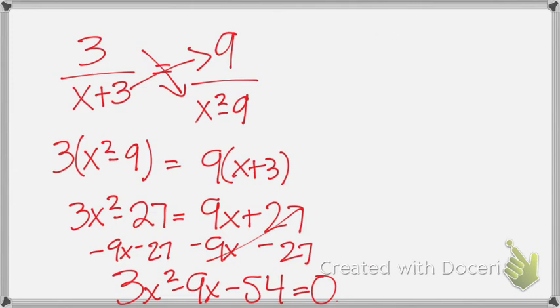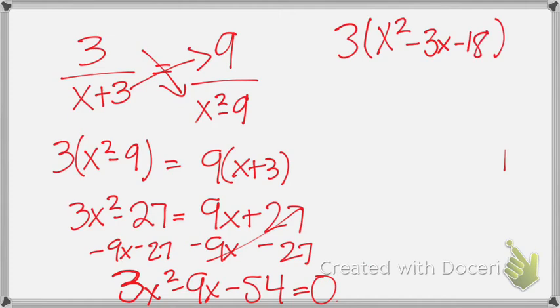So here, if you chose to cross multiply, is there a number that goes into 3, 9, and 54? It would have to be 3, right? So when you factor out a 3, you end up getting x squared minus 3x minus 18.